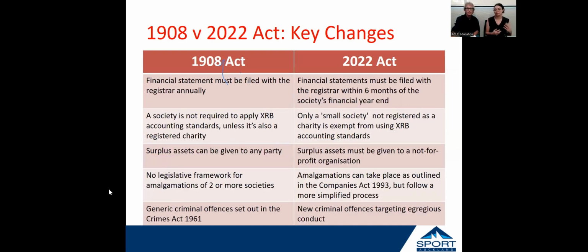Another change will be that financial statements will need to be filed with the registrar within 6 months of the society's financial year ending. So you can probably see there's a bit of a theme here where the 1908 Act was silent or not clear on some things. The new Act is putting some very clear guidance on these things. So financial statements before were done annually, now there's a defined time for that to be done.